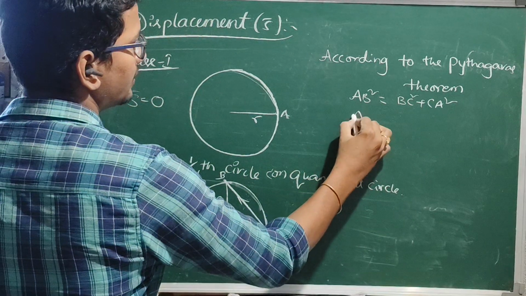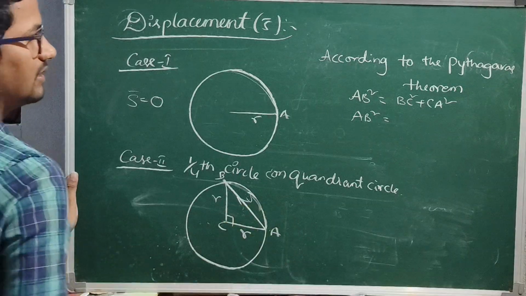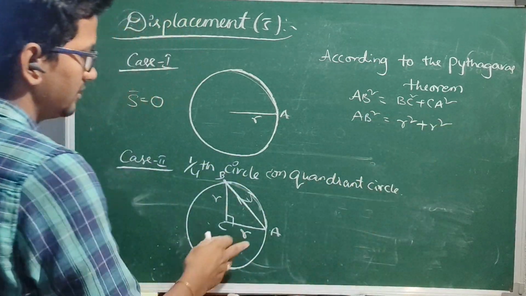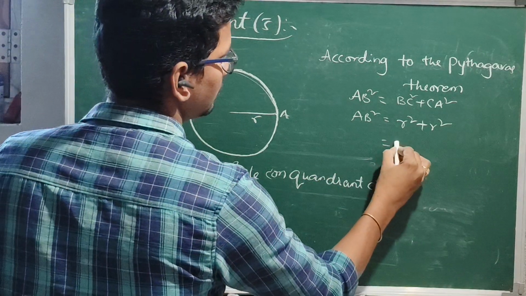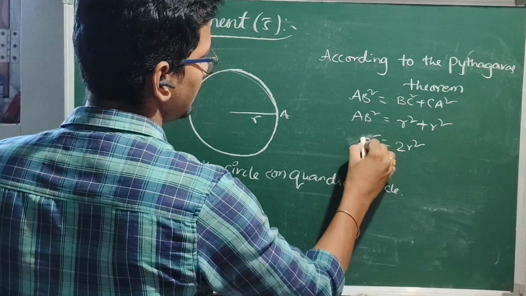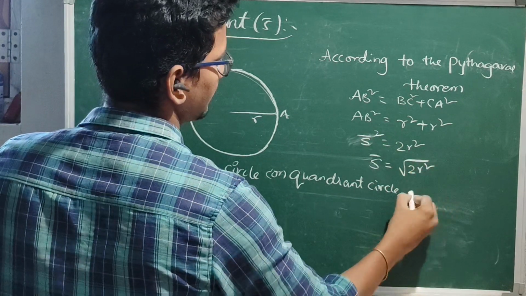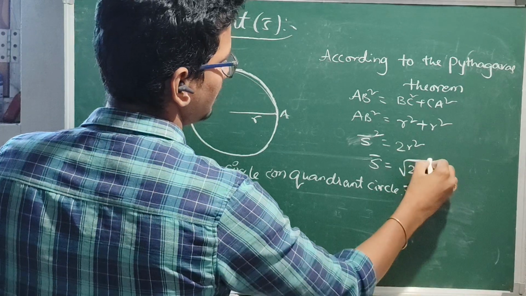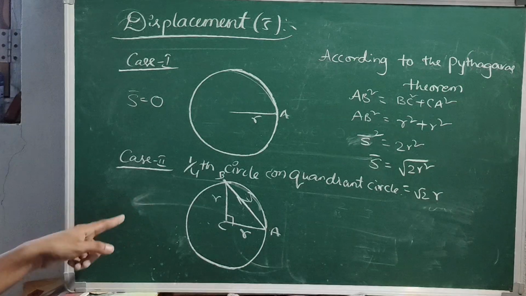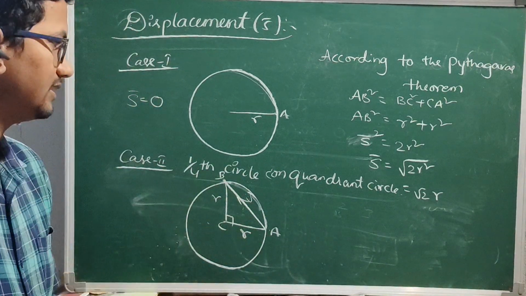AB square is what we want to find, AB square is the displacement. BC square means R square plus R square, since all sides are radius and equal, that is 2R square. AB square is nothing but S bar square. So S bar is equal to square root of 2 R square, which is root 2 into R. That is the displacement of the quarter circle, root 2 into R, by using the Pythagoras theorem.